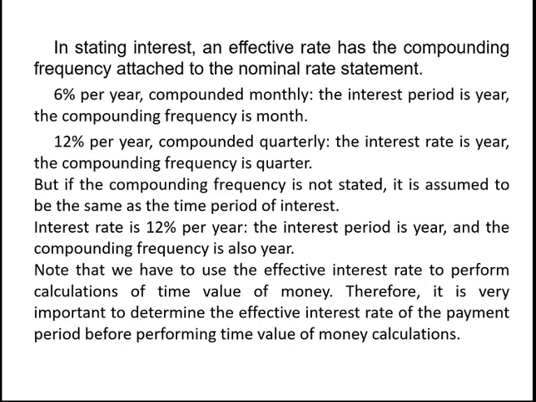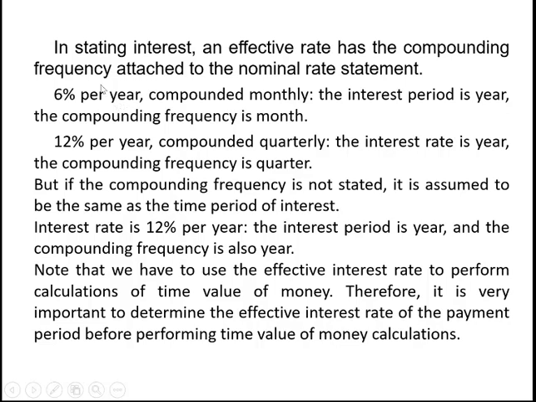Now, in stating interest, an effective rate has the compounding frequency attached to the nominal rate statement. For example, we say 6% per year, compounded monthly. That means the interest period is year, because 6% per year.